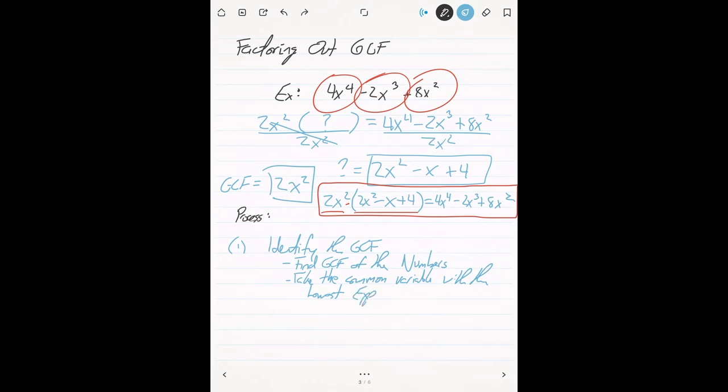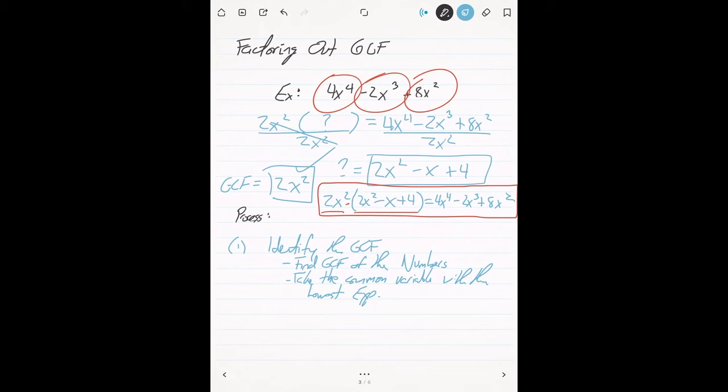That's kind of what we did right here. We took the common variable x, because all of them had an x, and we found the smallest exponent on that. What is the lowest value of x that each of them share? That in turn gave us our GCF.